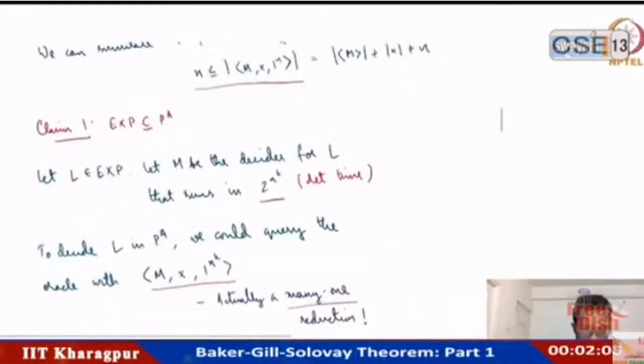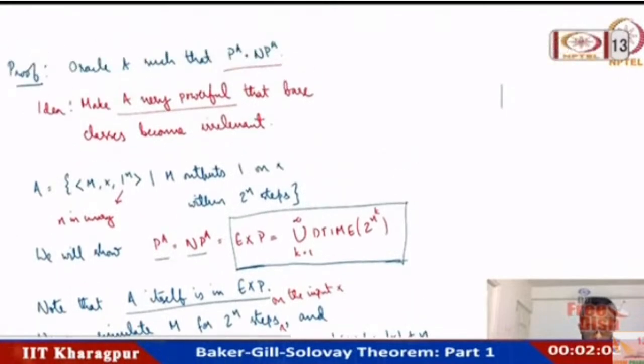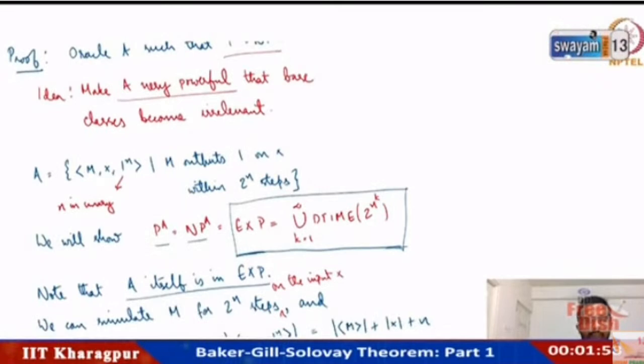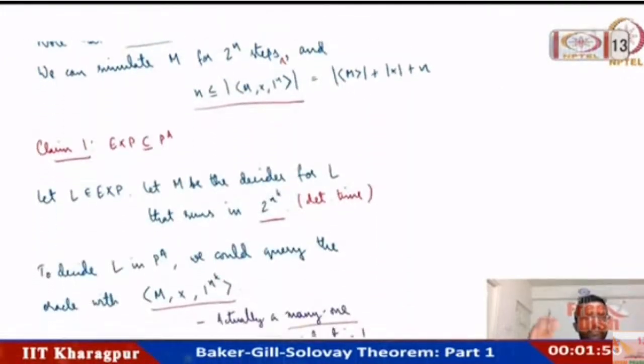I'll just summarize very quickly. We have to show P power A equals NP power A. The idea is to make A powerful so that the limitations of the base machine do not come into the picture. First of all, exponential time is contained in P power A because you could simply query A once and get the answer.